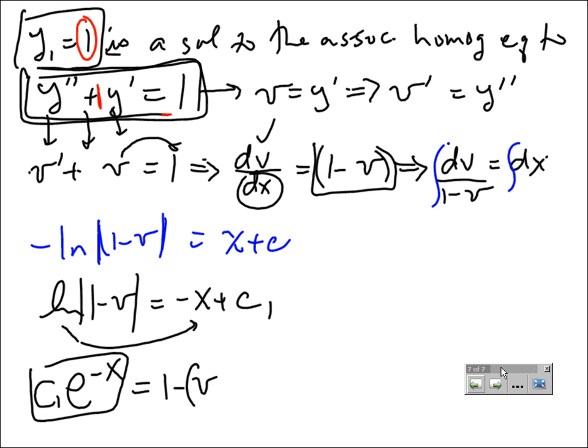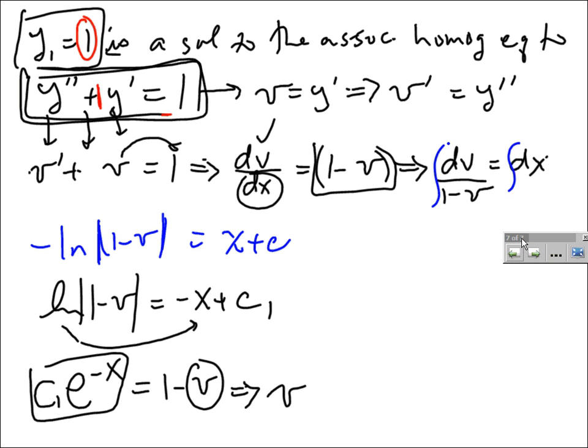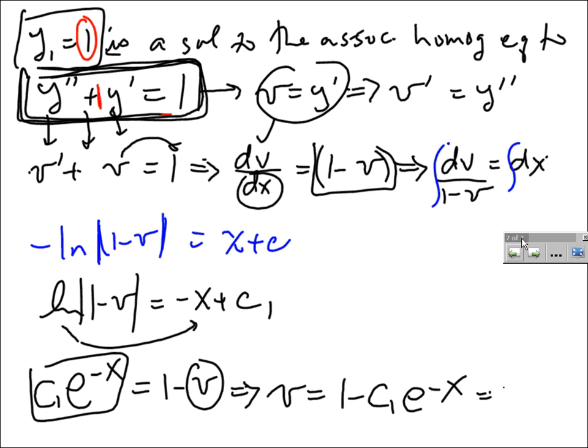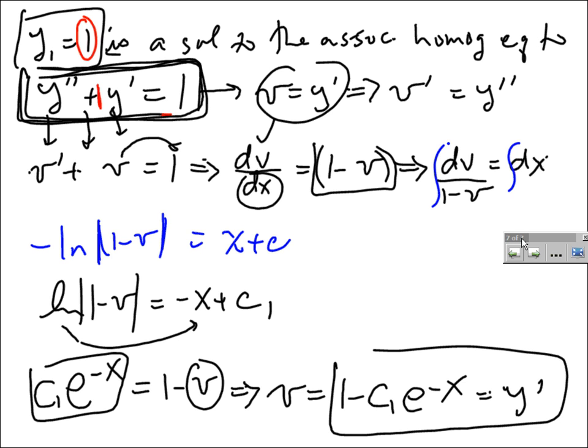Now, I'm going to move both of those terms, and I get v is 1 minus c1 e to the negative x. But what's v? You were given a problem to solve in y's, and now you're talking to me about v. Oh, v is y prime. Y prime equals that. Y prime is 1 minus c1 e to the negative x.